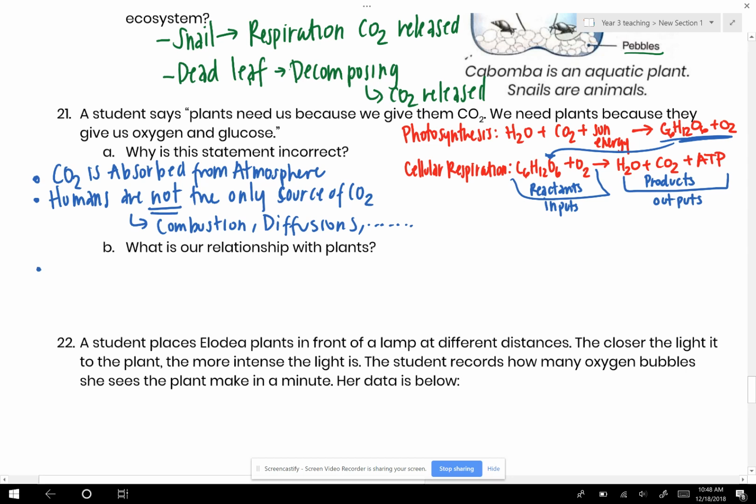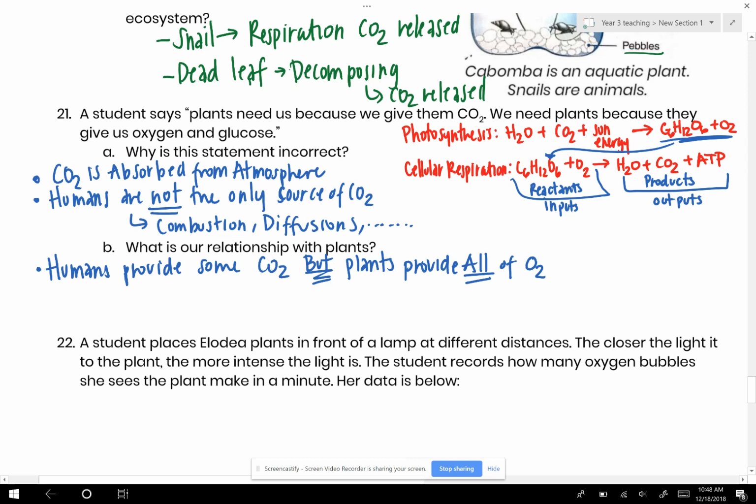In this case, humans provide some CO2, but plants provide all of the O2. If we look at our notes, plants are the only thing taking carbon dioxide into them, and plants are essentially providing the O2 that is in the atmosphere.